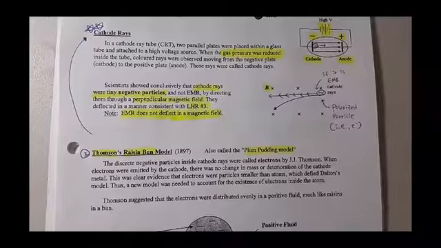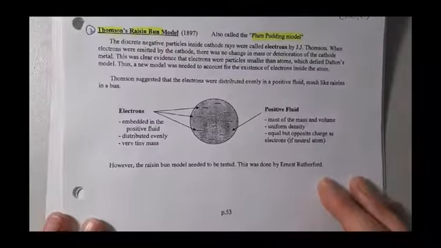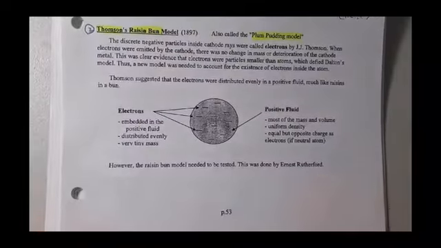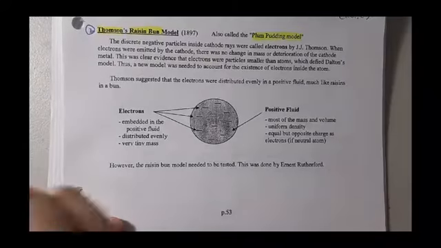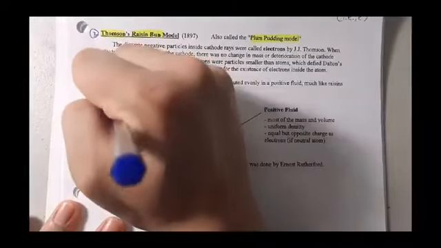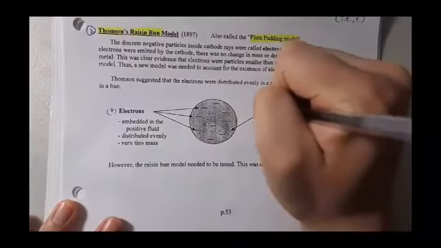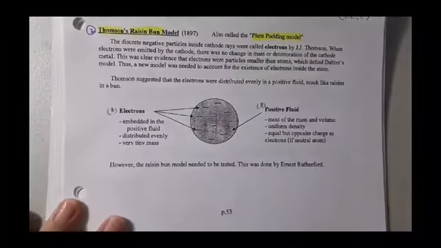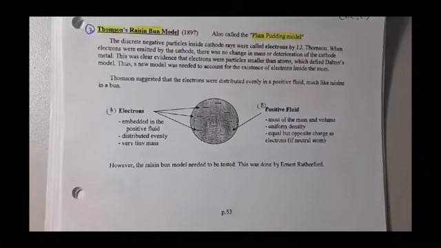So, from this cathode ray experiment, Thomson suggested a model. He suggests that, ladies and gentlemen, the atom is in fact composed of two types of matter inside of an atom.